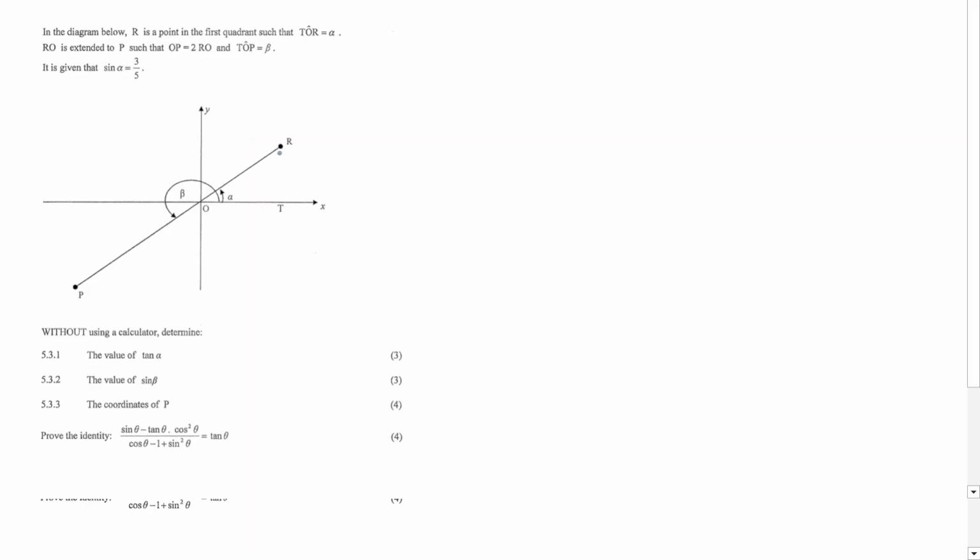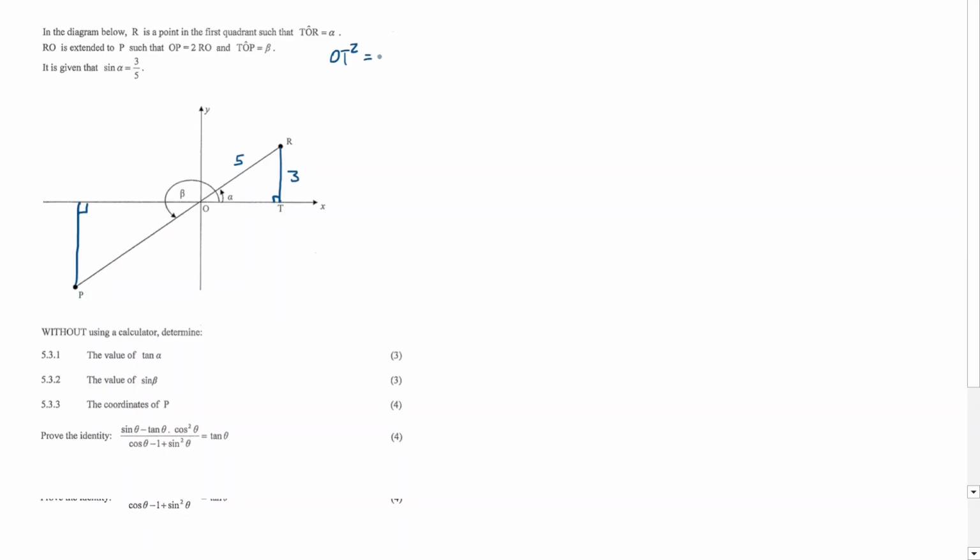And so what I would do for starters is just drop a line to the nearest x-axis. That's always a good habit for these ones in the Cartesian plane. And sine, looking from A, is your opposite over hypotenuse. And then if you needed to work out OT, which is probably a good habit to work out the third side, it would just be Pythagoras in reverse.